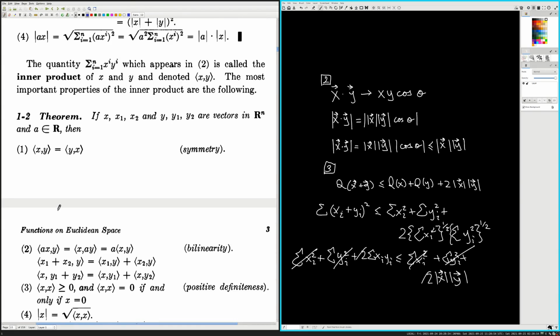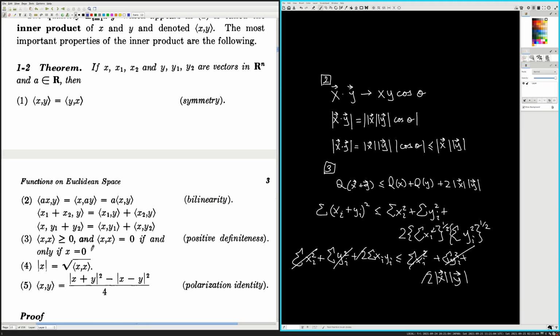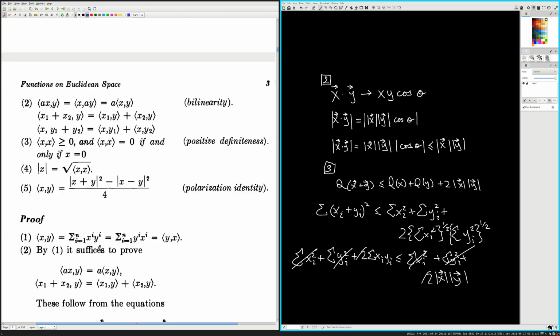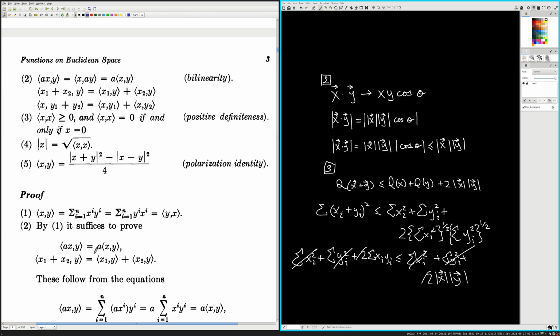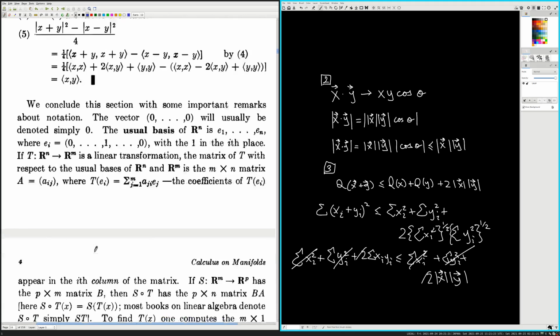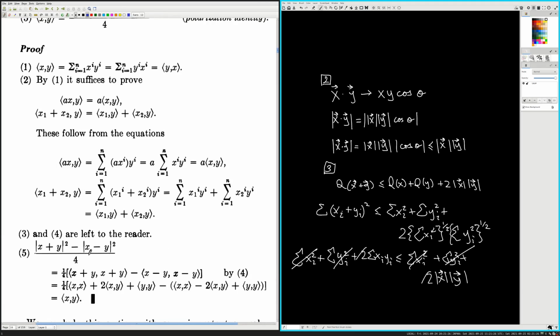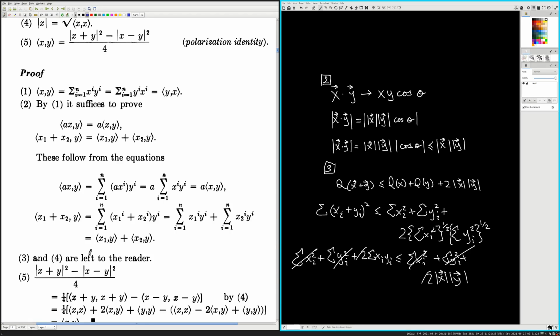It's symmetrical, it's bilinear, it's not just linear, it's bilinear. It is positive definite. Yeah, right. This is the Hilbert polarization identity. I don't feel like going through the proof of the polarization identity is the only one that isn't obvious. Oh, 3 and 4 are left to the reader. Lovely.